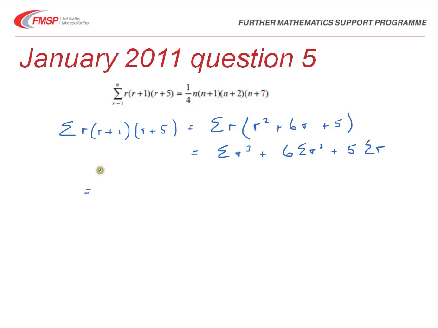Sigma r cubed, we can look it up, it's 1/4 n squared (n plus 1) all squared, and then we've got 6 times sigma r squared, and sigma r squared is 1/6 n(n plus 1)(2n plus 1), and then we've got 5 times sigma r, and sigma r is 1/2 n(n plus 1).